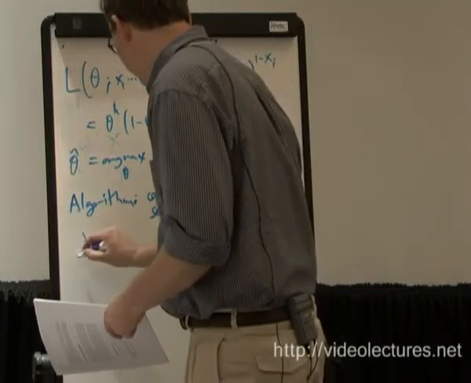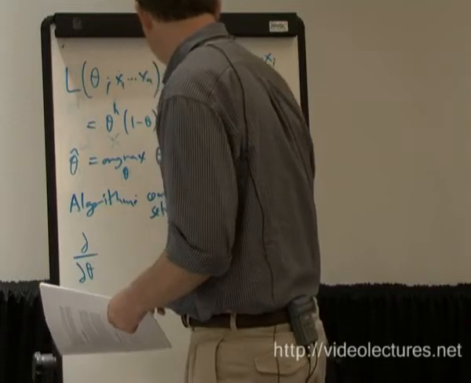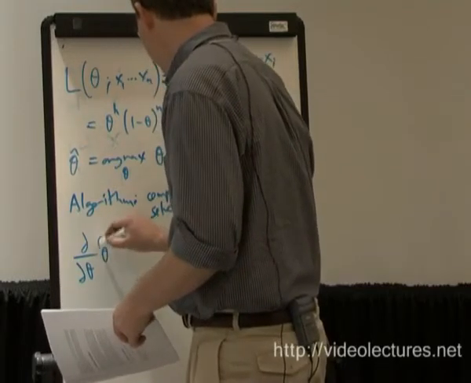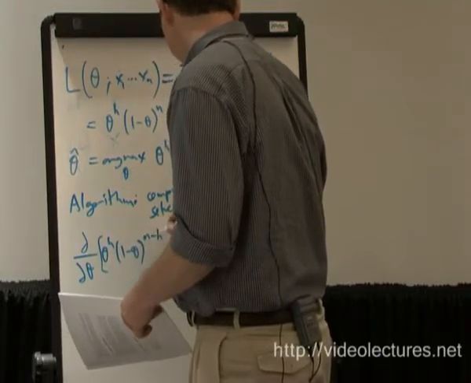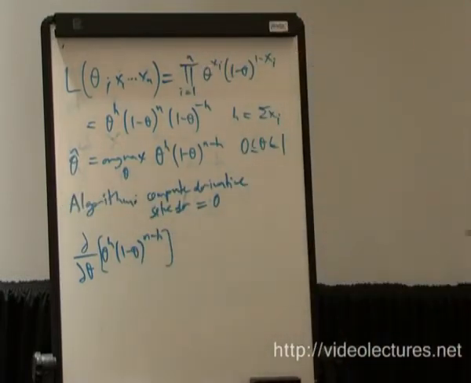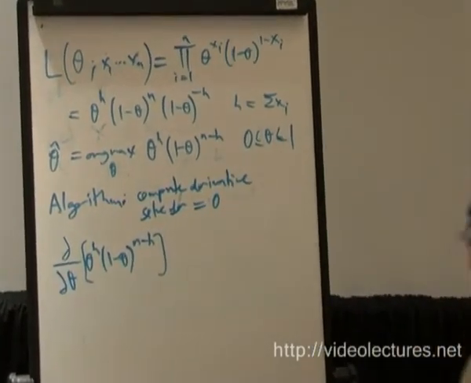What I need is the derivative d by d theta of theta to the h times 1 minus theta to the n minus h. Let me point out, this is at the bottom of page 3 in the notes, and there's a typo in the notes. It says d by dp, but what I actually mean is d by d theta.